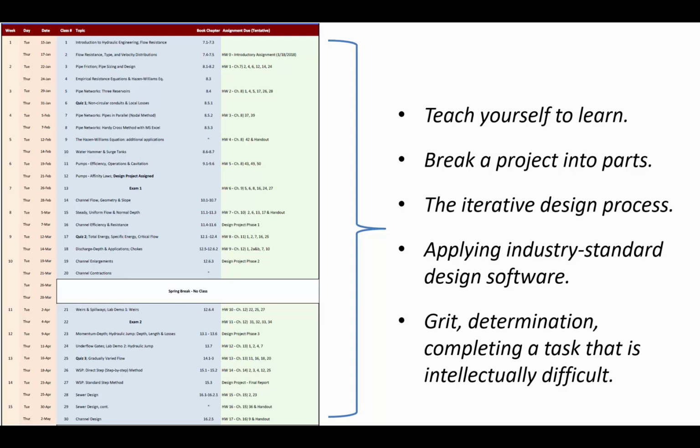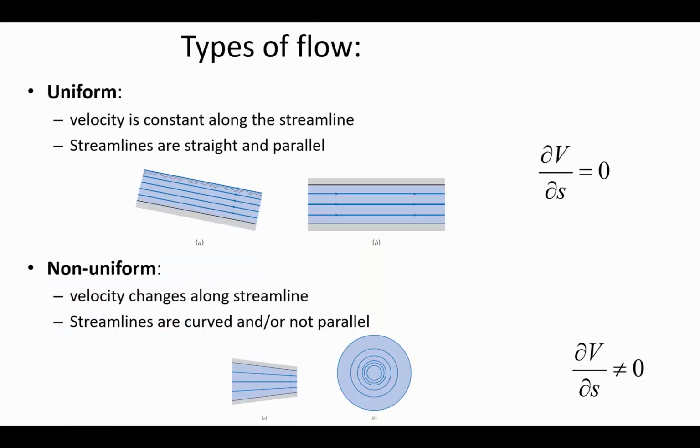So these are maybe the soft skills that don't tie into whether you can calculate the depth of a hydraulic jump or the pressure loss in a pipe, but these are just as important as the technical skills as well.